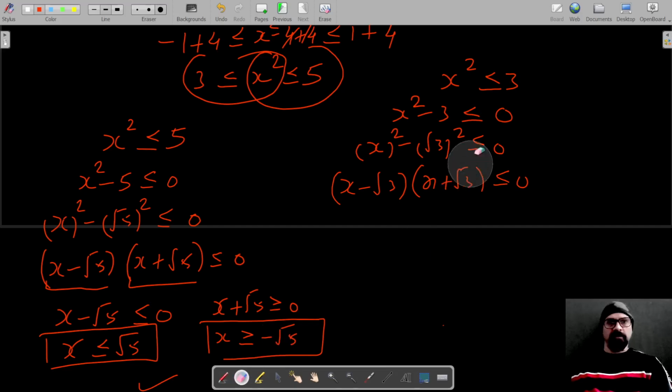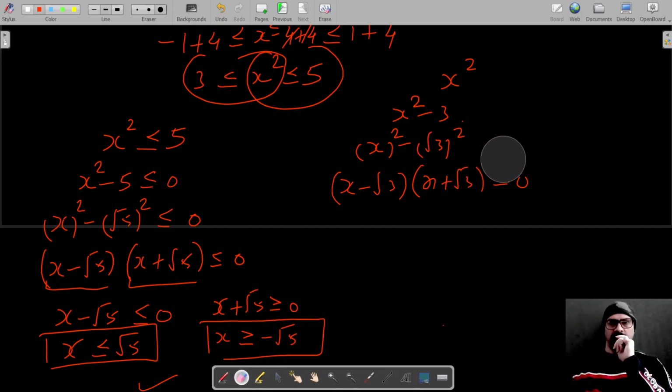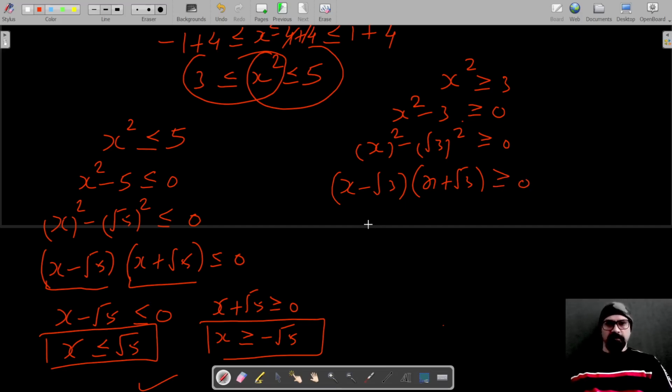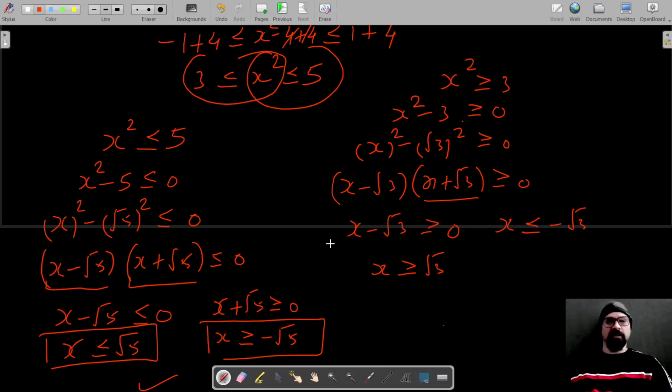For this, x minus root 3 is greater than or equal to 0, which gives me x is greater than or equal to root 3. And this gives me that x should be less than or equal to negative root 3.